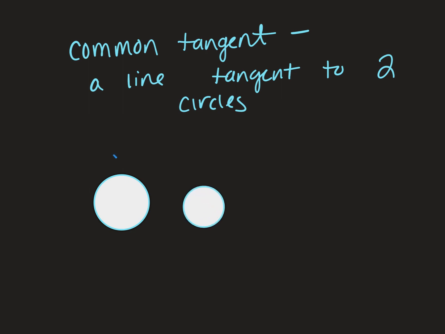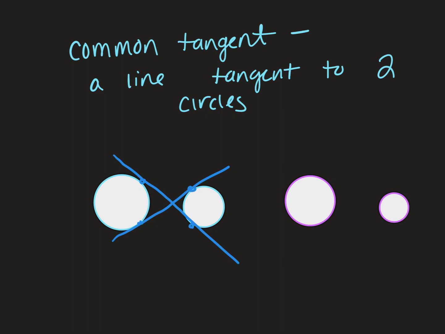The internal ones are tangent on the inside. These are very bad tangent lines, but just pretend that they are. They go in between. And then external tangents are going to go on the outside of your circles.